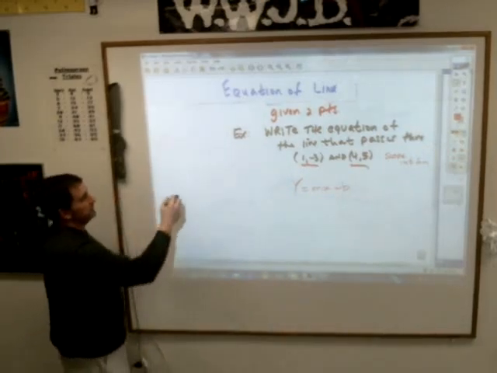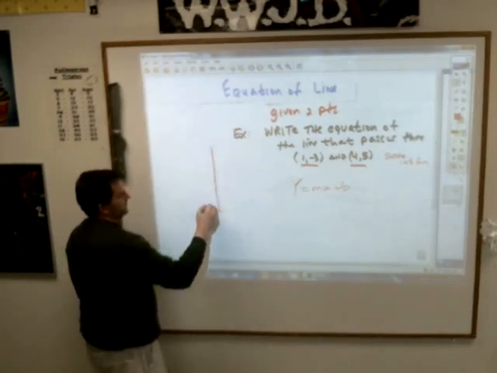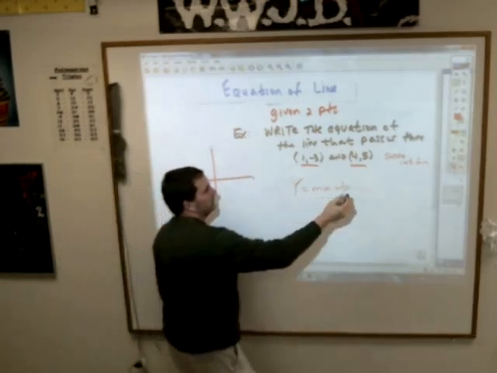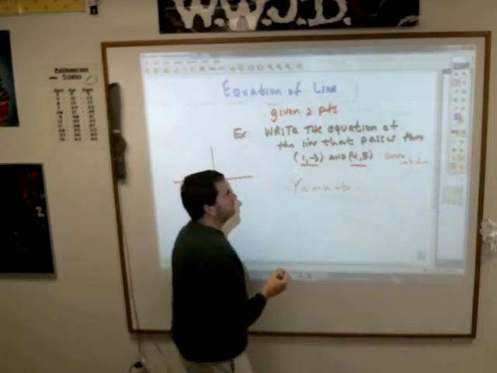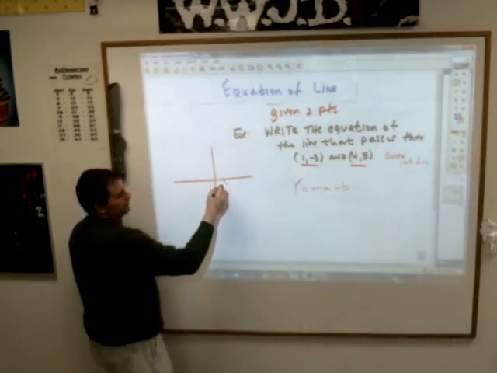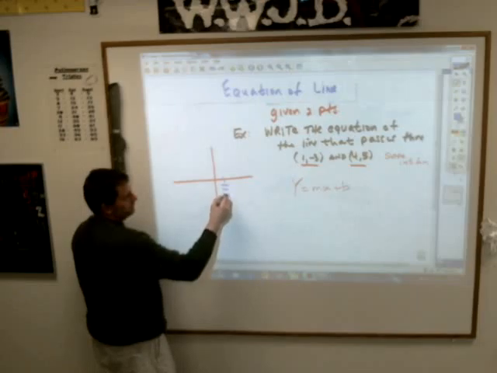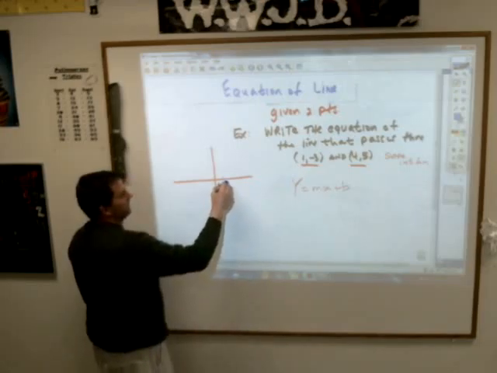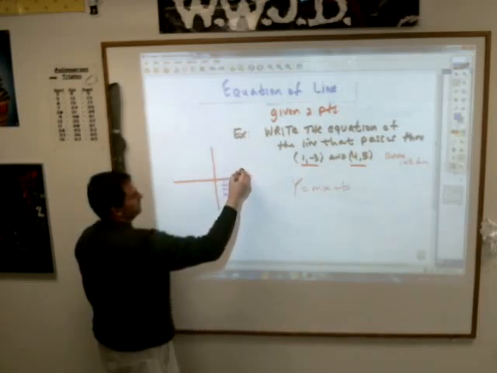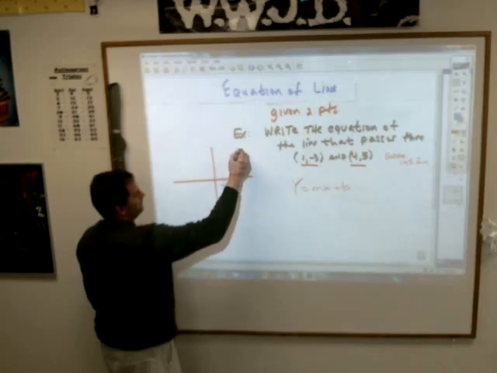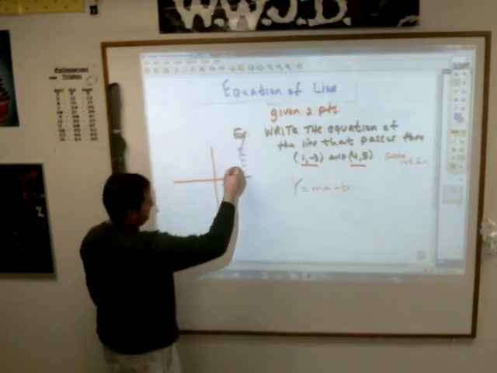I could graph this, but that's kind of archaic and old school. (1, -3) would be here, and (4, 5) would be about here. Here's the line.